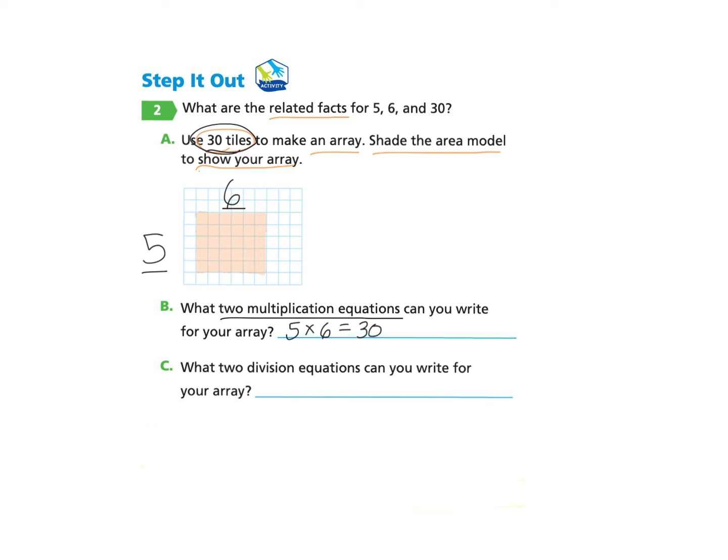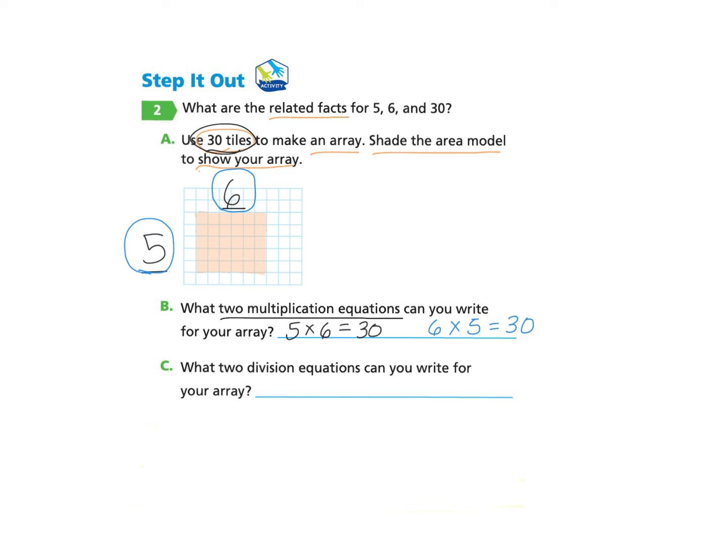I can also write that there were 6 rows, and in each row there were 5 squares, and that makes 30 tiles as well. So 6 times 5 equals 30, and these would be my 2 multiplication equations.